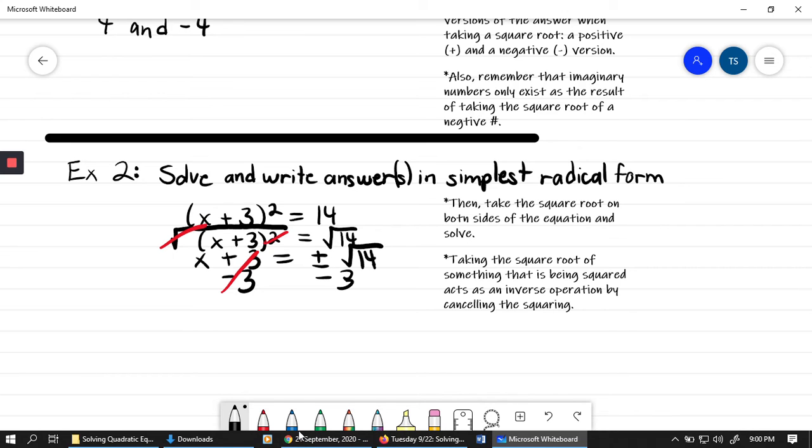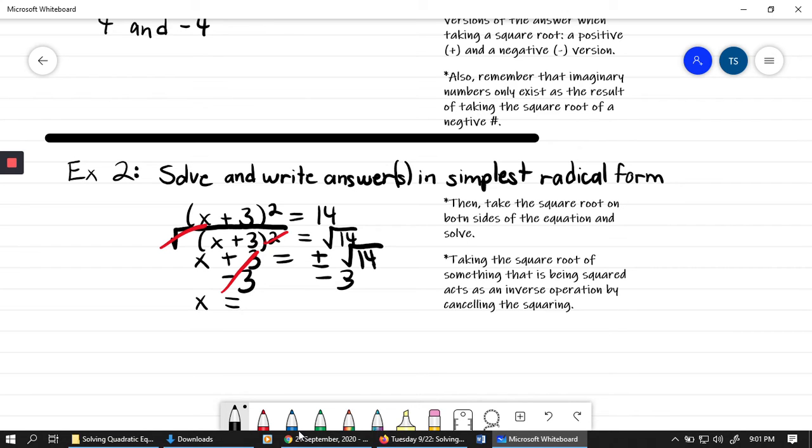Okay, this 14 is not a 14. That is the square root of 14. And there are two versions of that square root of 14. One positive and one negative. So again, please do not try to put together the 3 and the 14. Do not try to say 17. Do not try to say 11. Okay? Because that is not going to work.